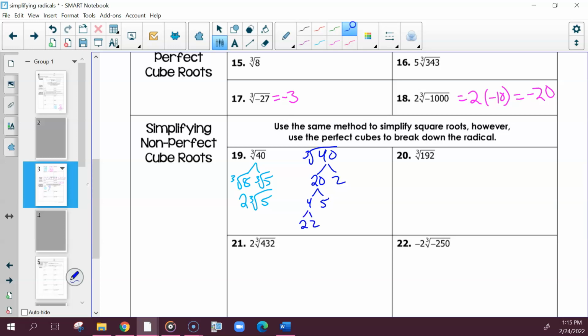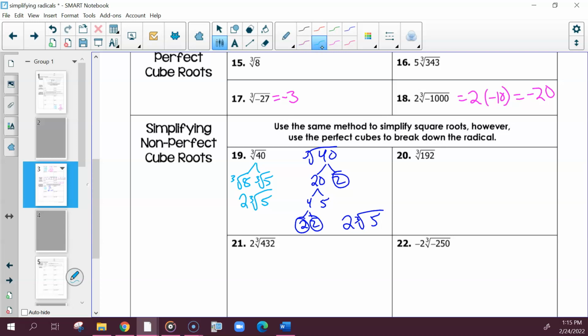Well, now we have a group of 3 that is 2s. And we only have one group of 2 that comes out. So that 2 would come out, and we're left inside just the 5. And you would get the same thing. Okay. Let's jump to number 20.